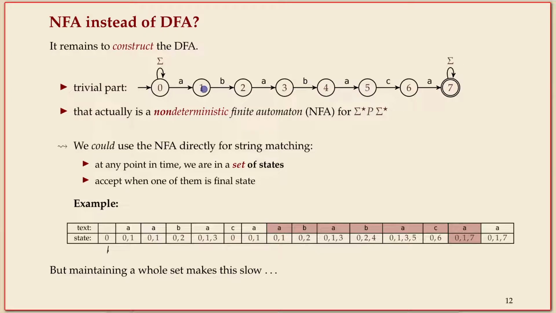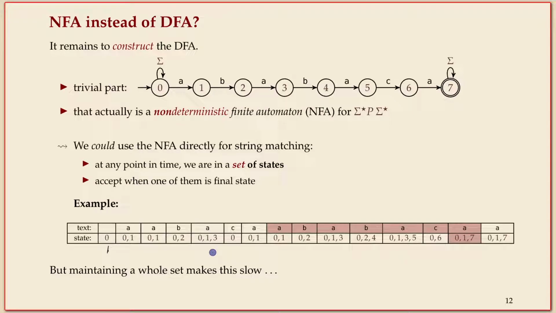If you read a B from here, things get a little more interesting, because from 0 with a B, you can only stay in 0. And from 1 with a B, you advance to 2. So you're now in states 0 and 2. If you read an A from there, things branch out further. If you're in 2, it goes to 3, and that's the only thing. The other option was you were in 0, but then you had two things that can happen.